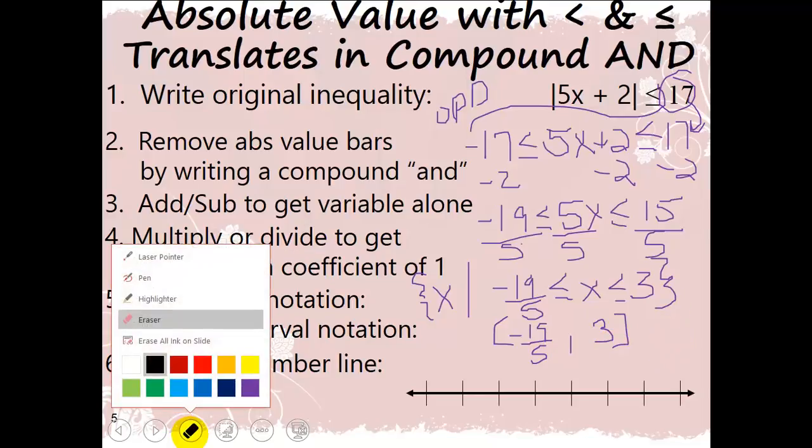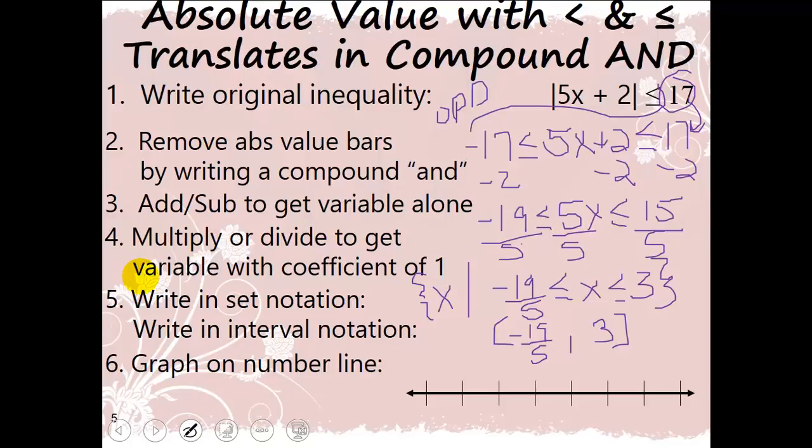And then I'm going to graph it. So here's 0. And then -1, -2, -3, -4. I'm not quite at -4, so I'm going to call it here. That's -19 fifths, and it's going to be closed in. And 3, and it's closed in, and it's an and, so it has to go in between, just like that.